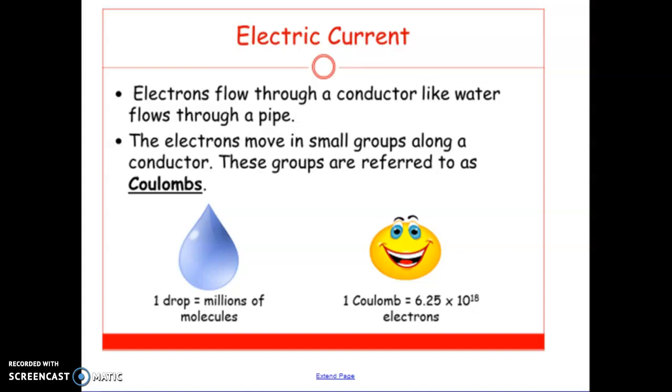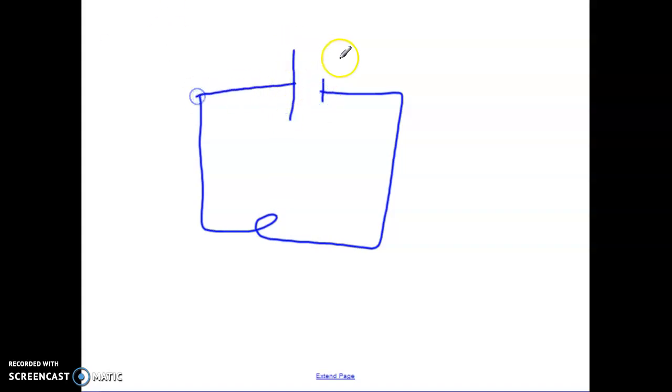Okay, so next we have electric current. Okay, so that's the second term that we are going to look at today. So current is actually looking at how fast the electrons are traveling in a conductor or through the wires. So for example, let's say I have a simple one cell battery circuit, okay?